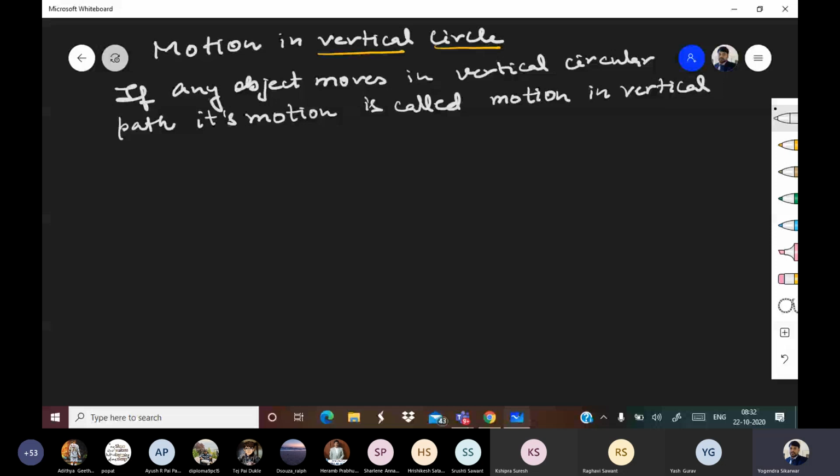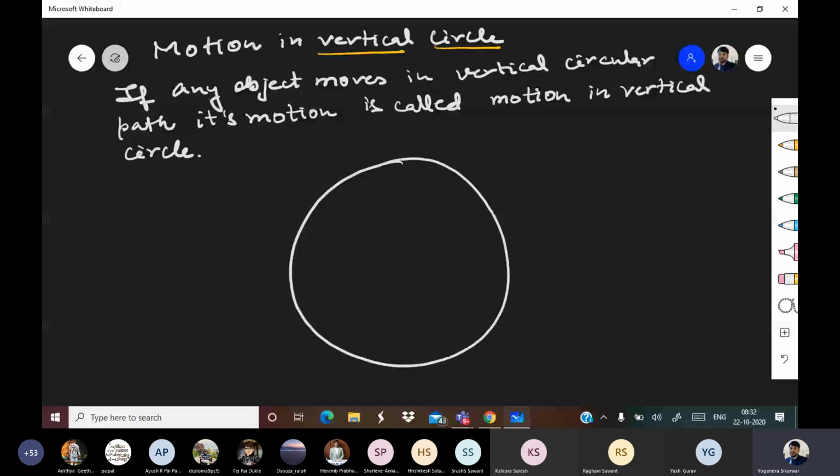So first of all, what do we need? We need a vertical circle. Okay, so let us create a vertical circle. Suppose this is a circle in a vertical plane. Obviously, if this is the circle, then there will be a center.